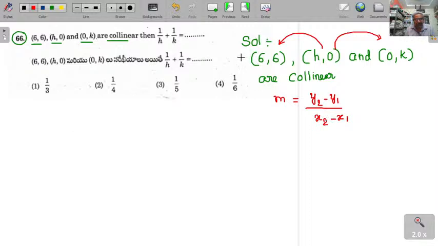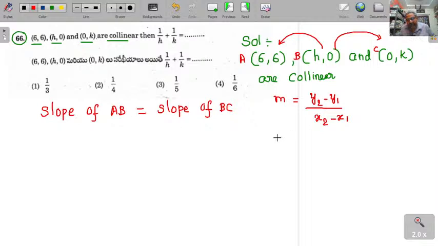Let us name these points A, B and C. Now write down: slope of line segment AB equals slope of BC. If A, B, C are collinear, then slope of AB should be equal to slope of BC, and even slope of CA.